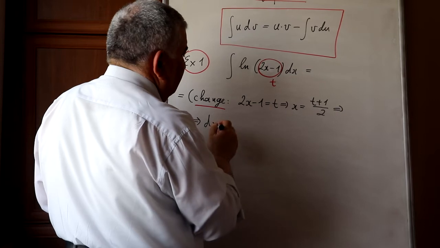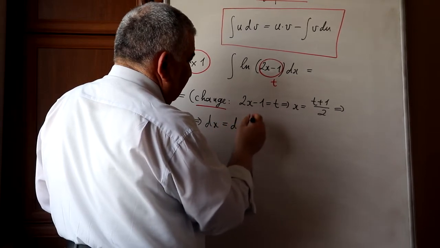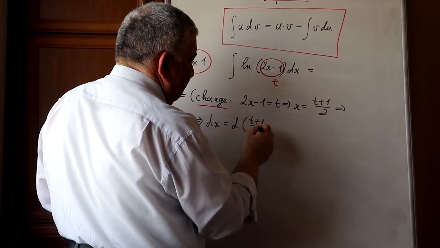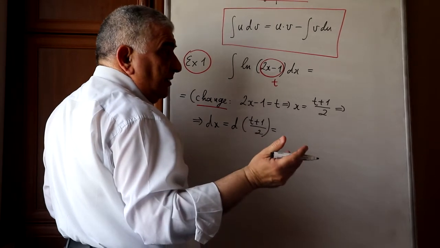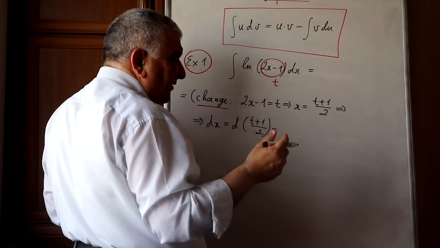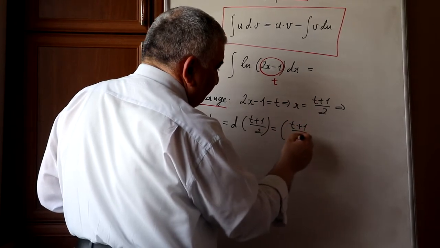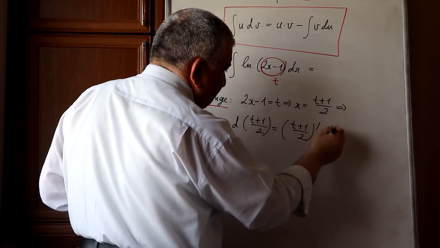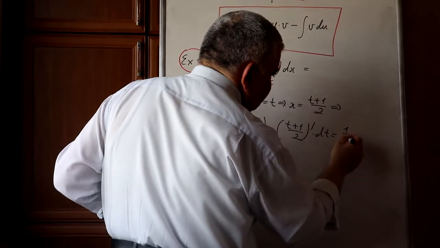dx is equal to d of (t plus 1) in half, and according to the definition of the differential, it is ((t plus 1) in half) prime multiplied by dt, and the derivative of this expression is 1 second. 1 second dt.